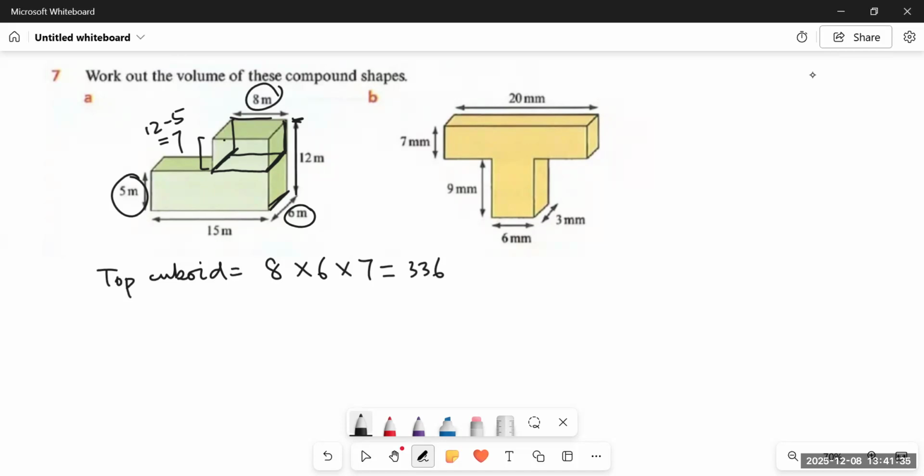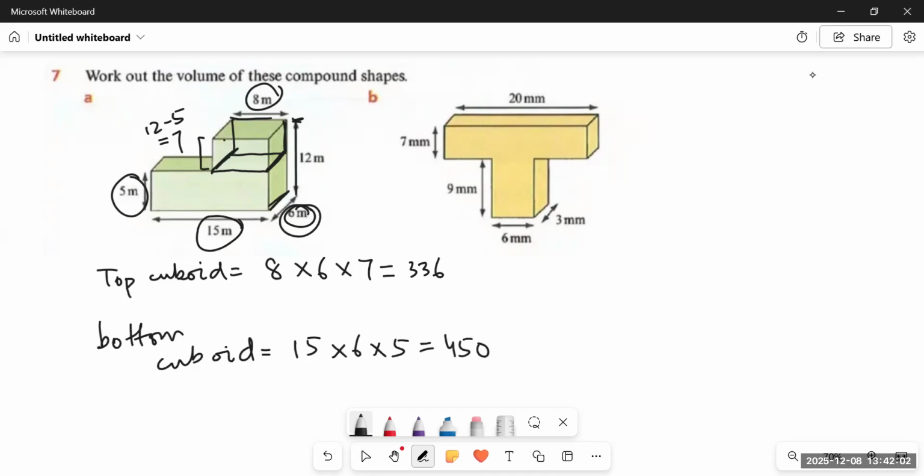Now similarly, we'll find out the volume of the bottom cuboid. The bottom cuboid has the dimensions 15 by 6 by 5. That's it. Right? So these are the dimensions for the bottom part. So 15 sixes are 90 and 90 into 5 is equal to 450.